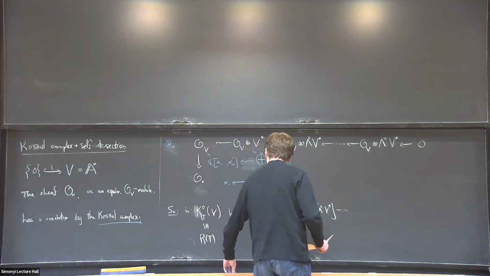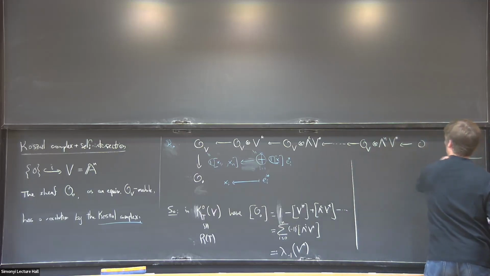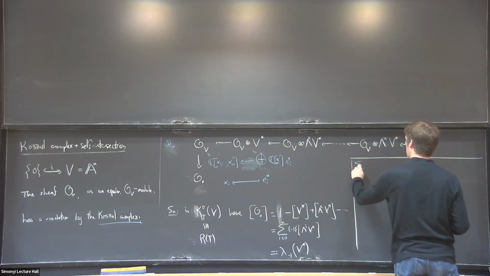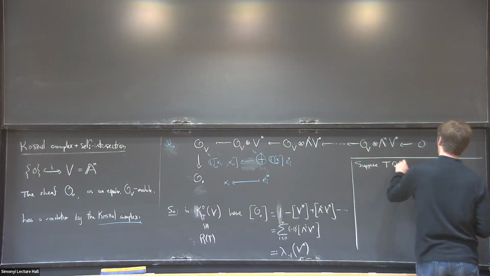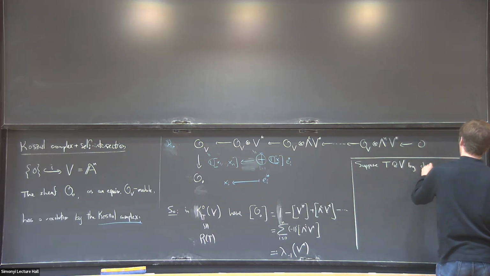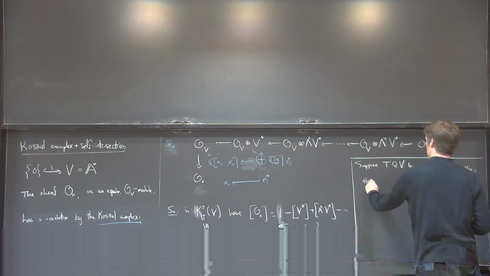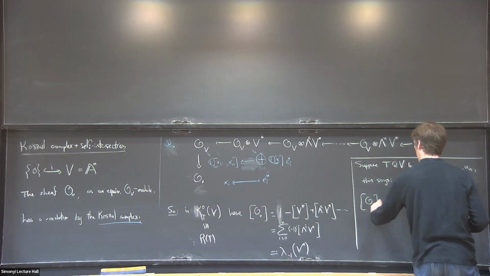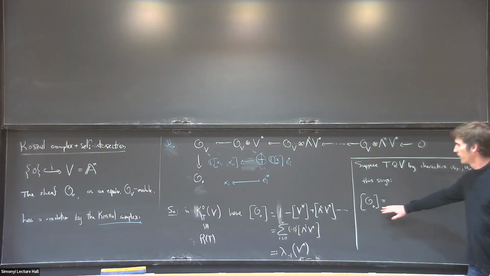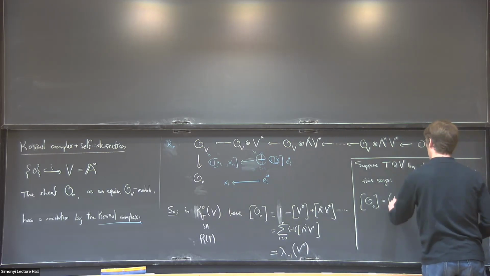I think I can try one more thing here to make this still more explicit. So suppose T acts on V by characters, just like we did at the end of last time, u1 through un. This says that I get a formula for the structure sheaf in this K ring, and it's like this.